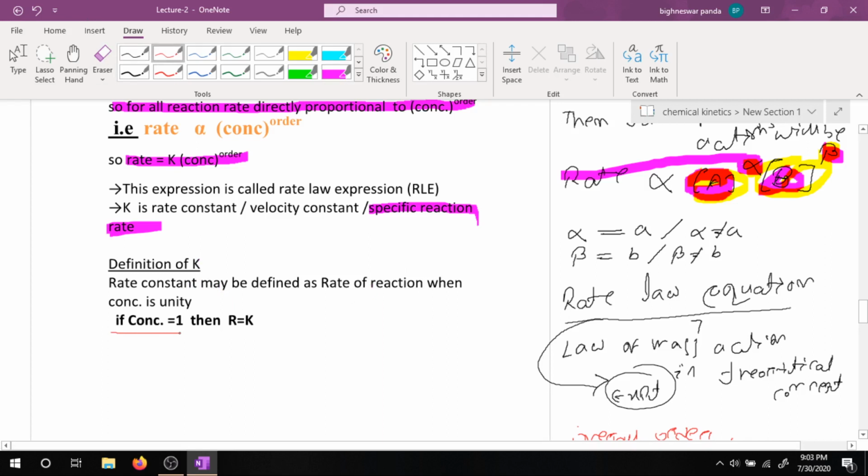If concentration is equal to 1, then rate is equal to K, since rate is equal to K into concentration to the power order. If concentration becomes 1, then rate is equal to K. So that's why K is called the specific reaction rate.